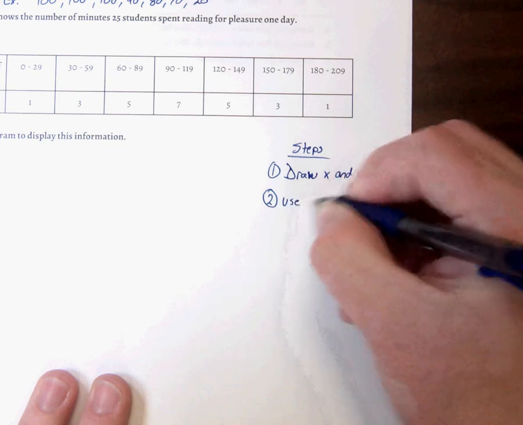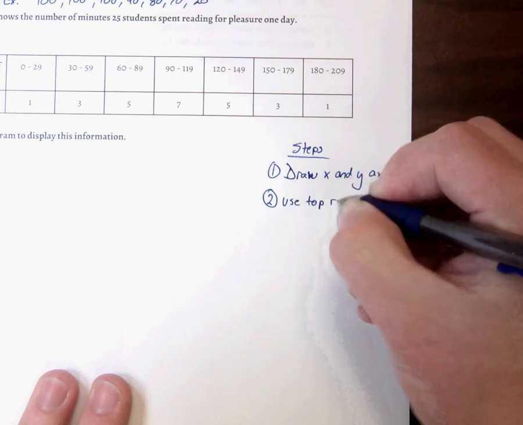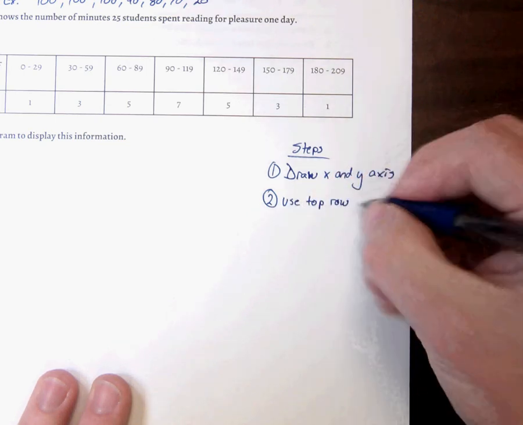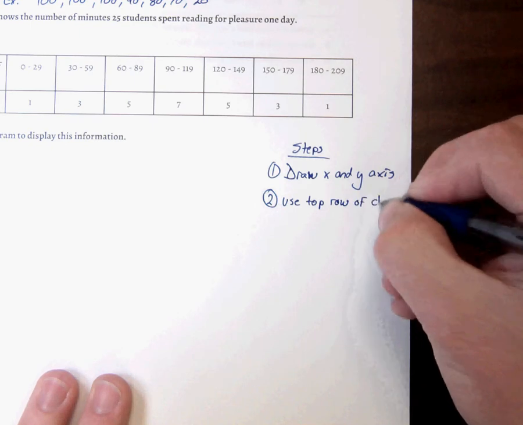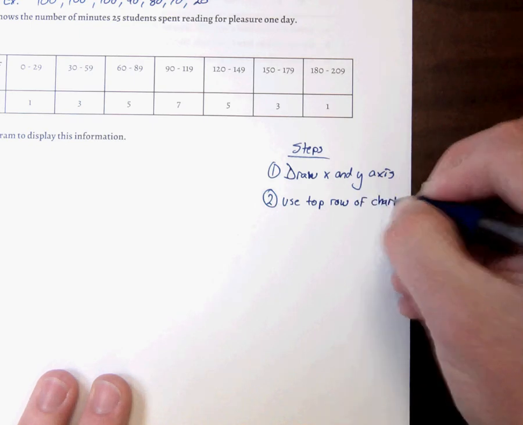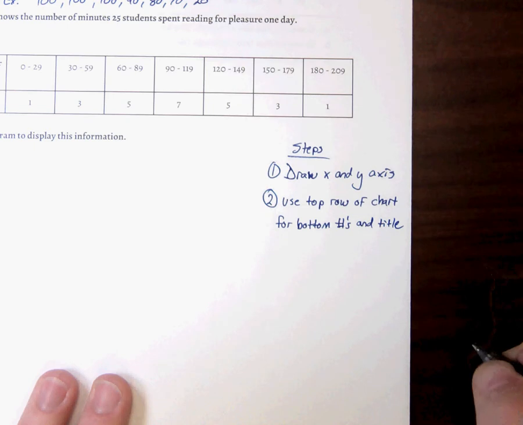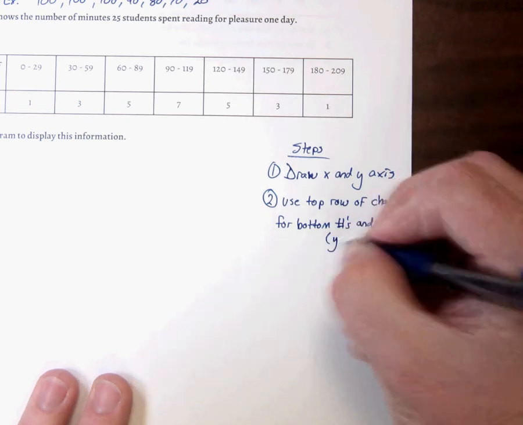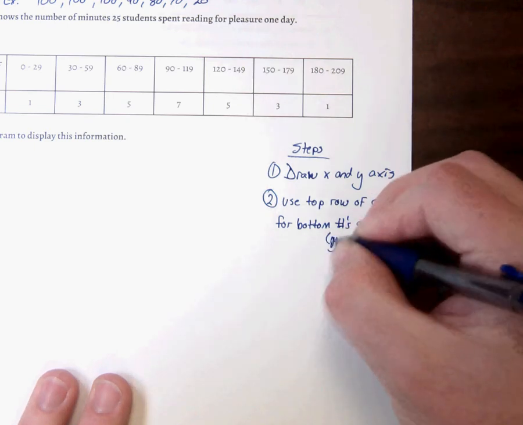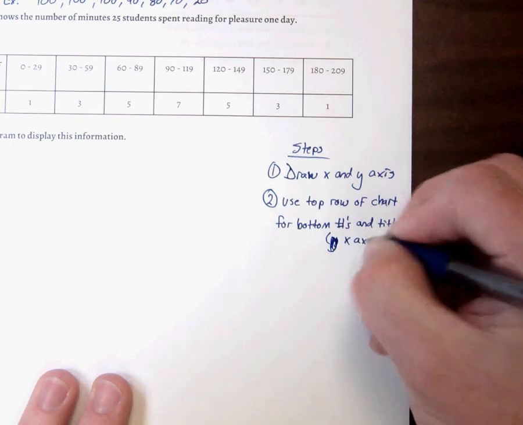That would be your y-axis. Or sorry, my bad, x-axis. Step 3. You're going to use the bottom row for left numbers and title.